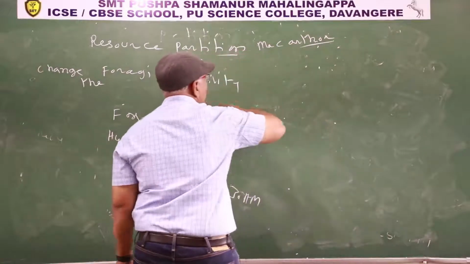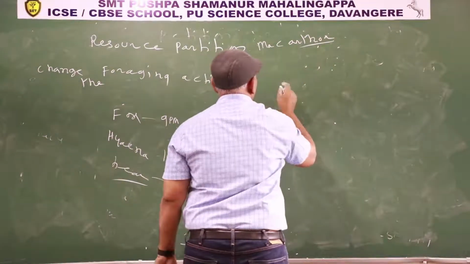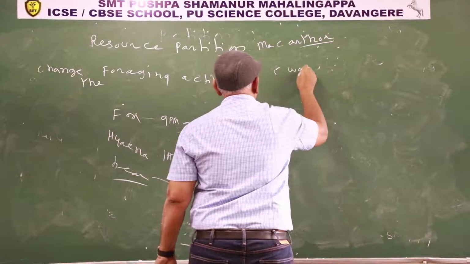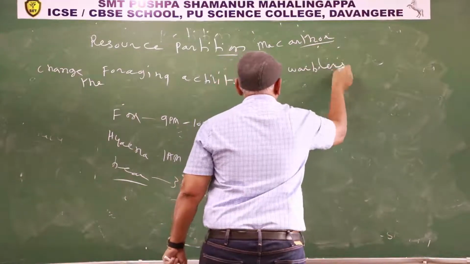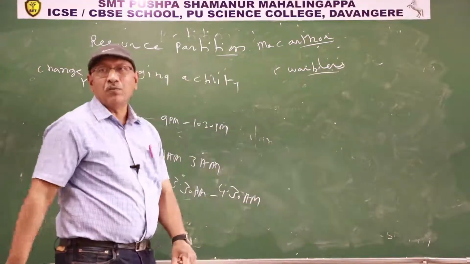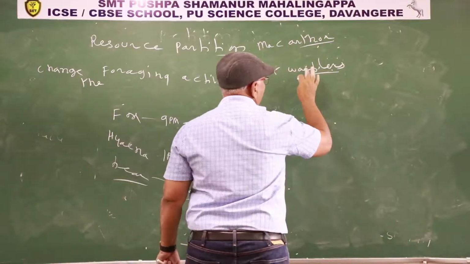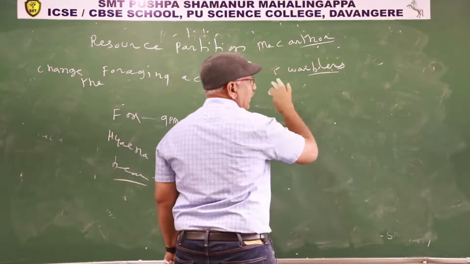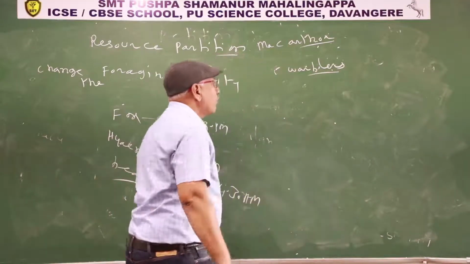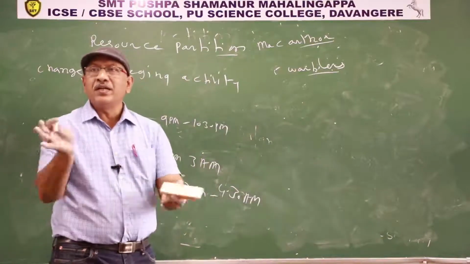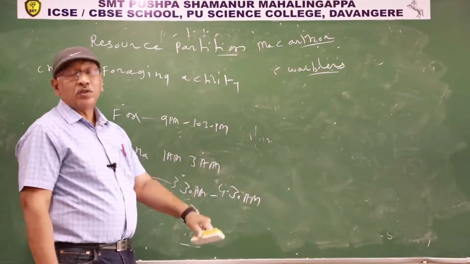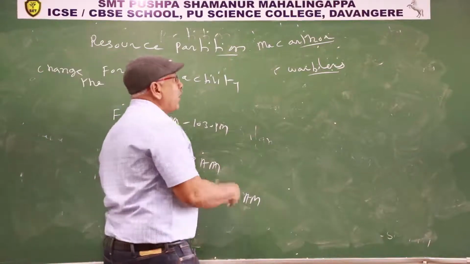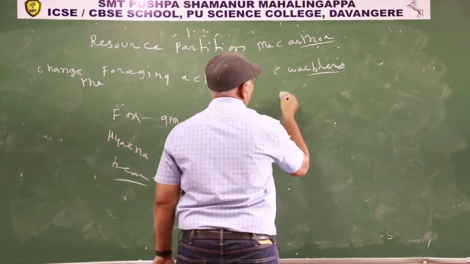MacArthur studied resource partition in 5 warbler species. What are warblers? Singing birds. All 5 warbler species live on the same tree, but they partition the resources. How?